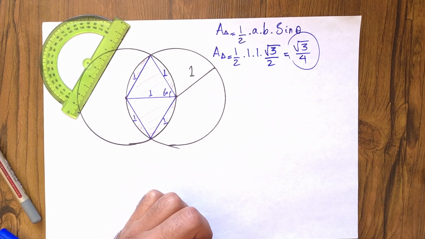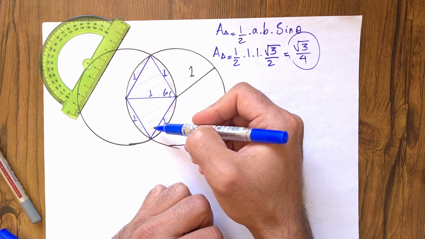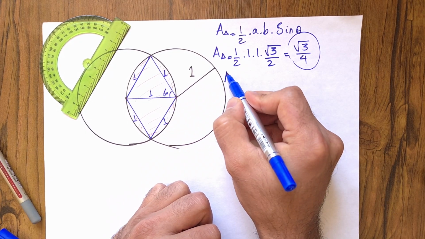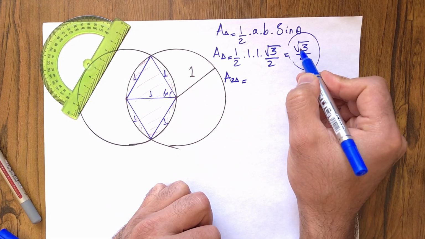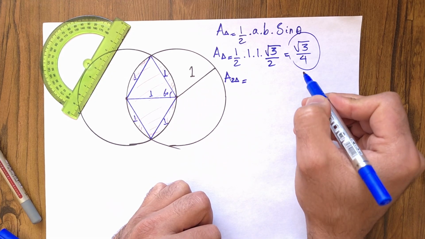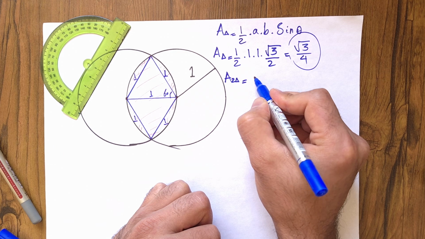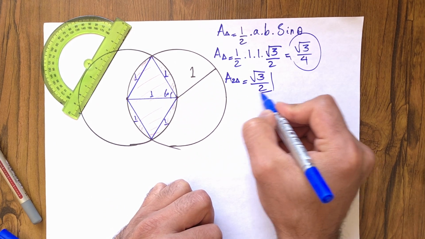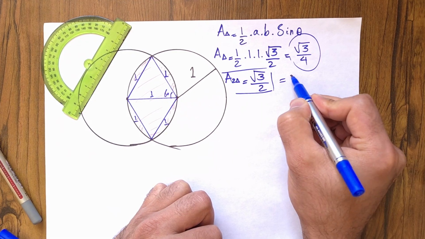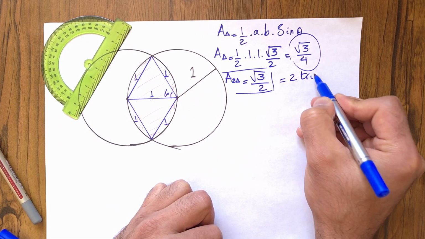Let's multiply that by 2 to find the area of these two triangles. √3/4 times 2 becomes √3/2. So that's the area of these two triangles.